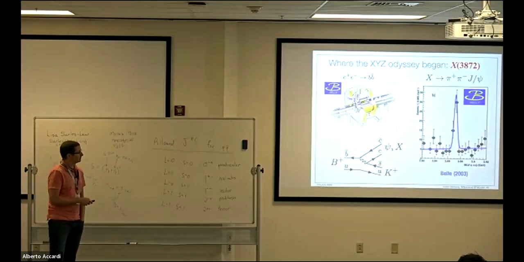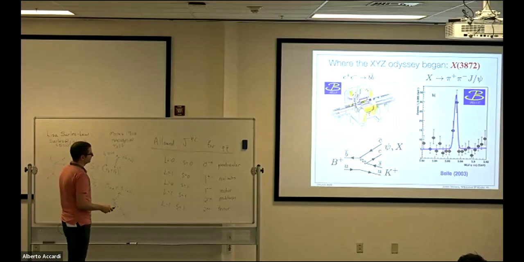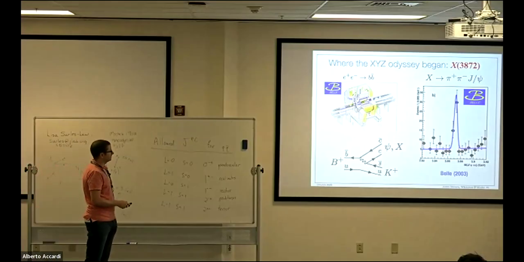So this is that picture again from the Belle experiment. There they collide electron positrons and make bottom anti-bottom systems prolifically. One of the ways the bottom anti-bottom system is produced and then decays is with this B meson. The B meson is an anti-bottom up quark, and it can decay into a system that has a psi, a charm anti-charm, and a kaon.